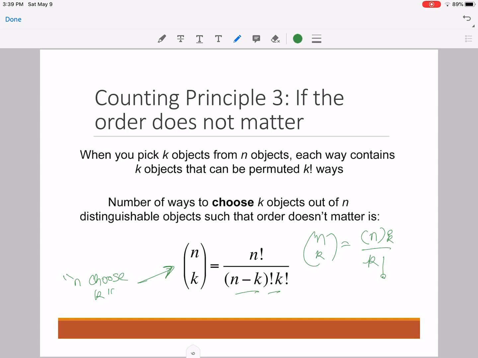There's rarely a game out there with respect to poker or card games in general where you worry about the order. And this translates well to science and engineering as well, where we are usually interested in outcomes where we do not worry too much about the order in which these outcomes are going to appear.